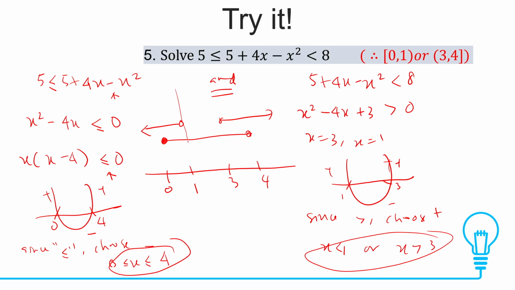So the intersection is over here. So finally we have our answer. Because this one is a solid dot, here is a line, so inclusive of 0. This one is a circle, so not inclusive. That's why we have a round bracket. Union, this one is a circle, so we have 3 and 4, because this one is also solid.